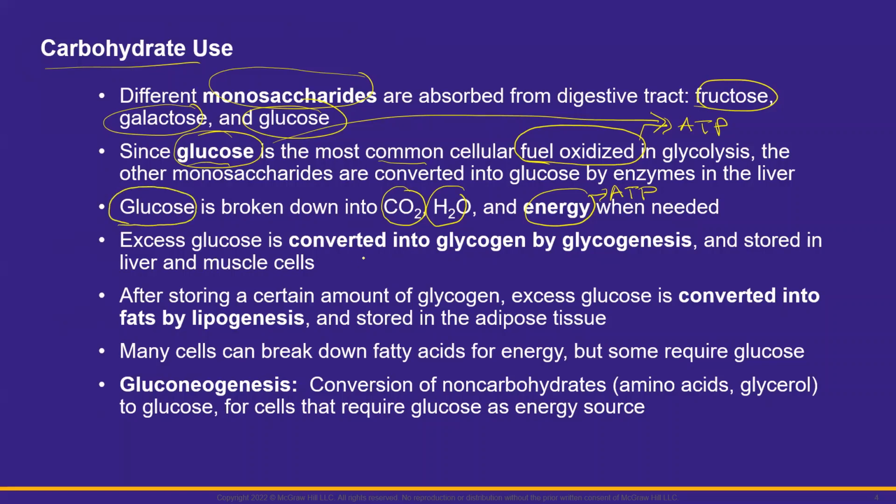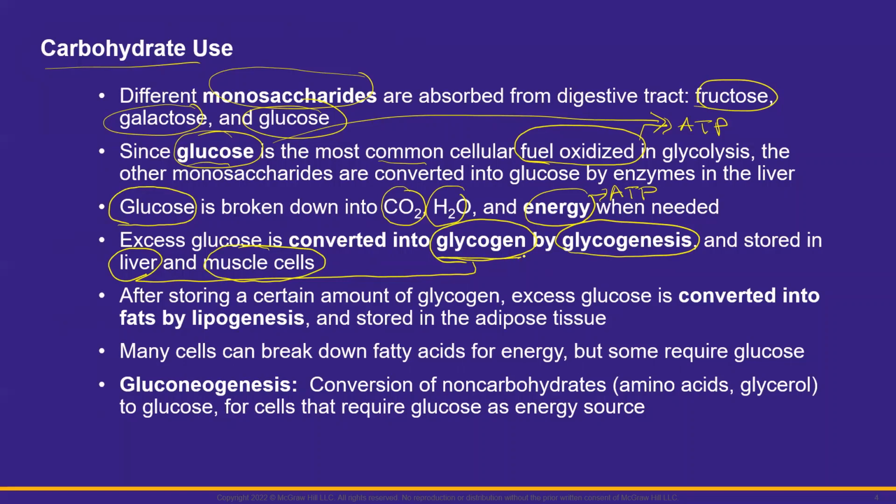Excess glucose will be converted into glycogen by a process called glycogenesis, and mostly these glycogens will be stored in liver and muscle cells. So liver and muscle cells are the primary places for storing glycogen.